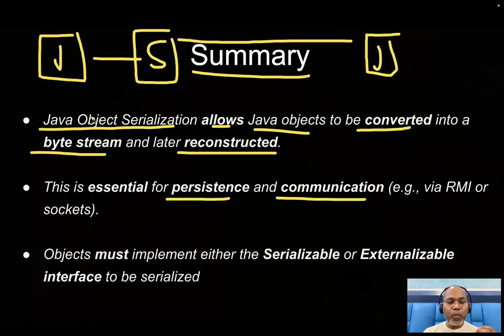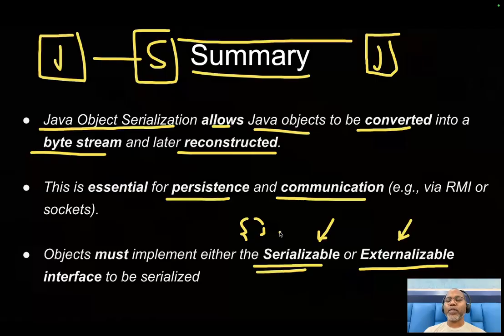And for those objects which you want to be serialized, they must implement either the serializable interface or the externalizable interface. Notice the serializable interface is a marker interface. There is no abstract method, but the externalizable interface is not a marker interface. You have to override two methods, writeExternal and readExternal.